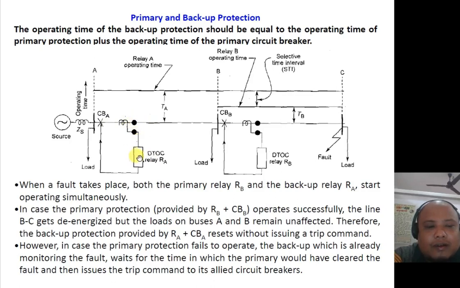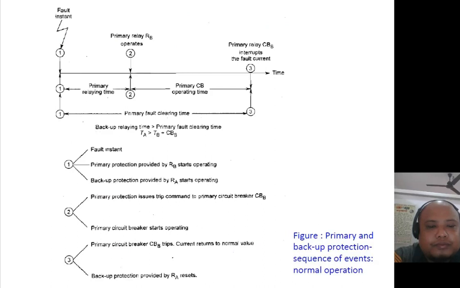If after that point current is still abnormally high, it will send a trip command to the circuit breaker. Okay, so that is the condition of primary and backup protection coordination. So this is the scenario when primary and backup protection operates normally.